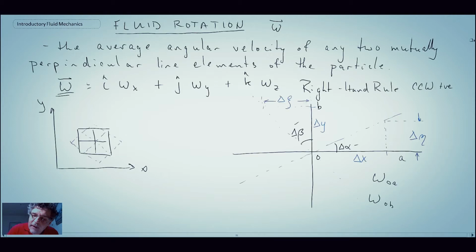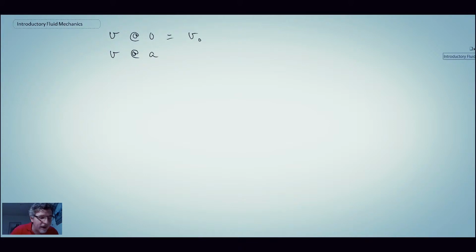of a fluid particle. To begin with, let's assume that we could have this rotating fluid particle translating. So we'll give it a translational velocity v naught. The origin could be moving at v naught. And the velocity at A, looking back at the image, we're looking at this point here, A, and we're looking at the v component in the y direction.